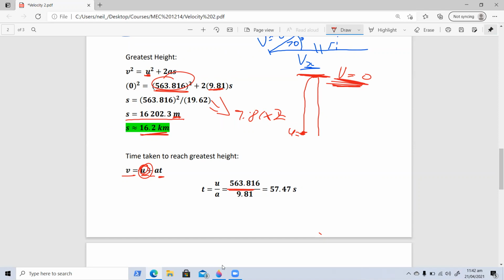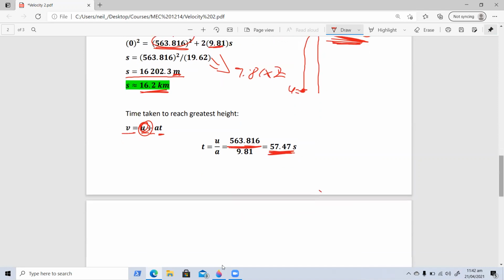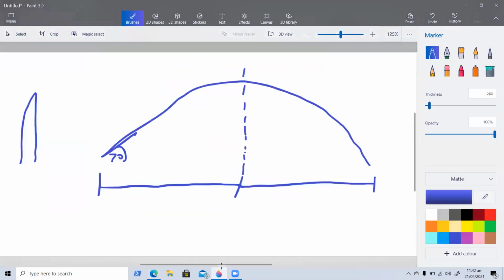So plugging those values into our calculator, T is equal to U divided by A, which is 563.816 divided by 9.81, which is 57.47 seconds. Okay, good. So that's the time from here to halfway, to this point on top.